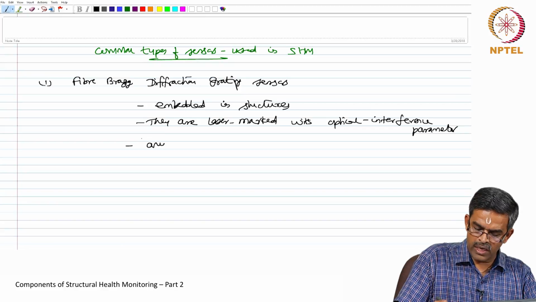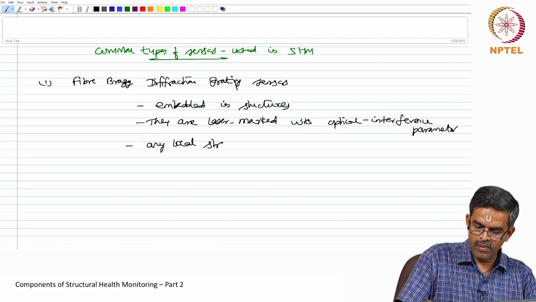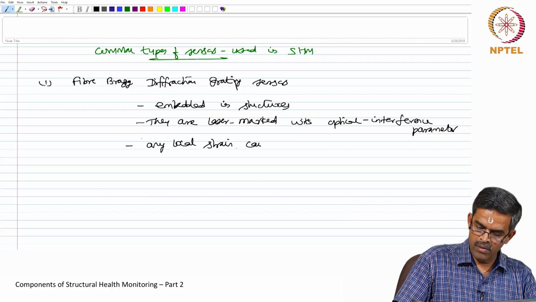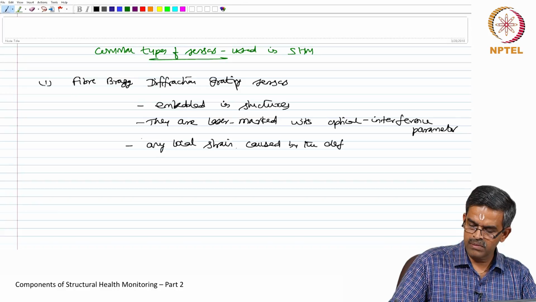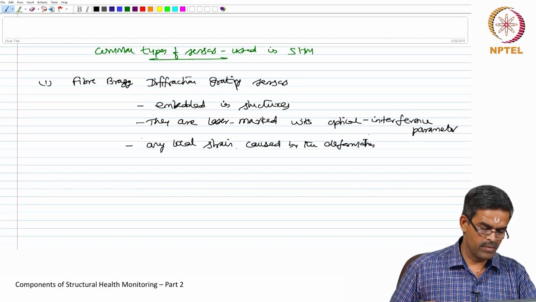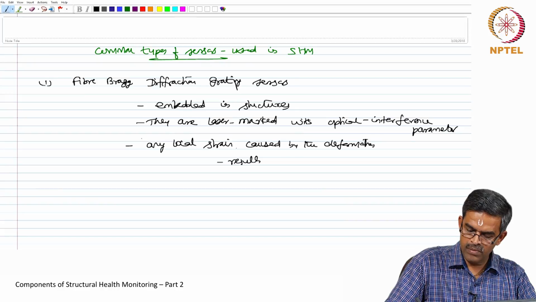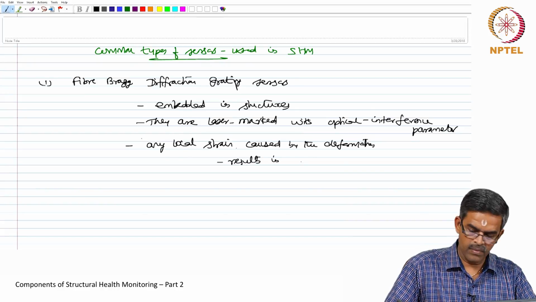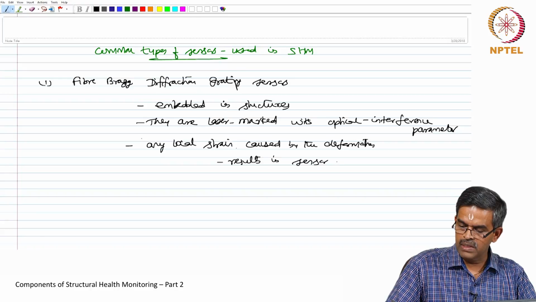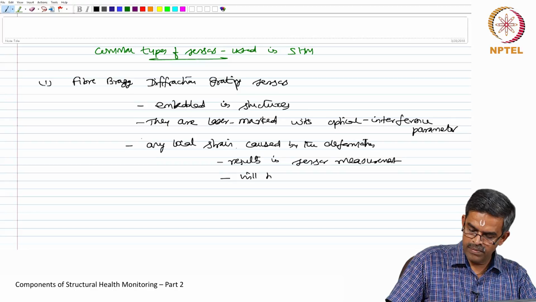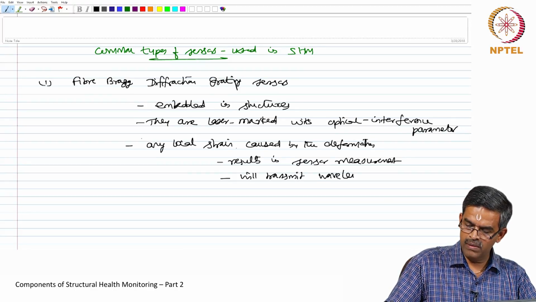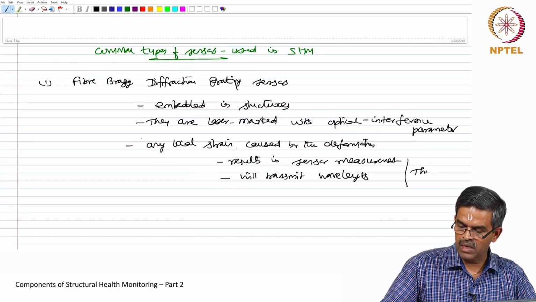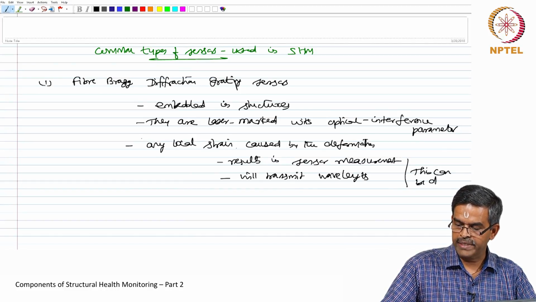They measure any local strain caused by the deformation, which results in sensor measurement. This will transmit a different wavelength based on which this can be detected.